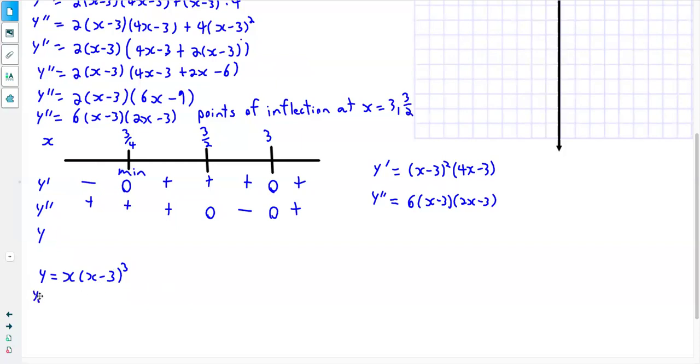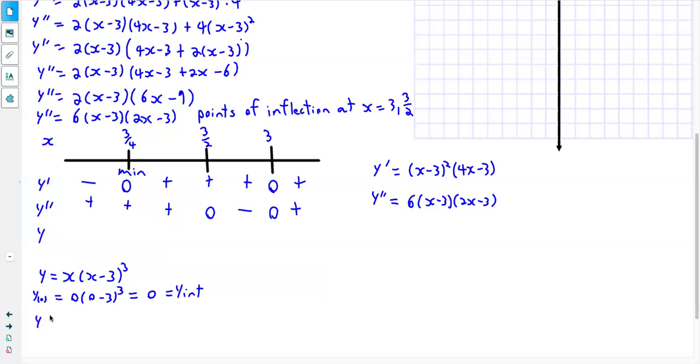So if I have y and we're substituting in 0, that gives us 0 times 0 minus 3 cubed. So that gives us 0. So we have a y-intercept that is 0. Next, we have this minimum.